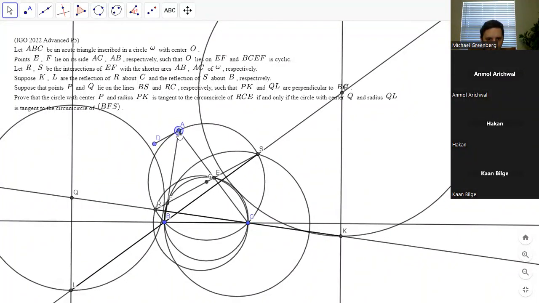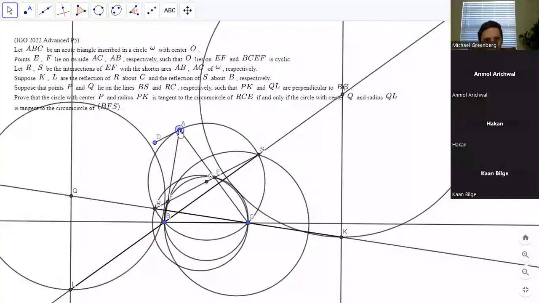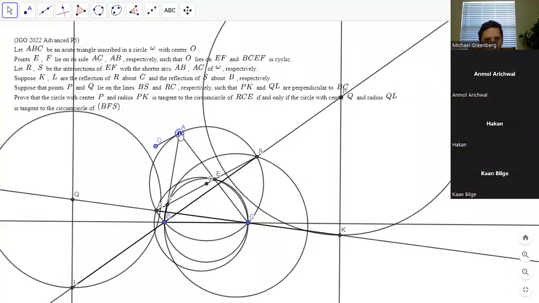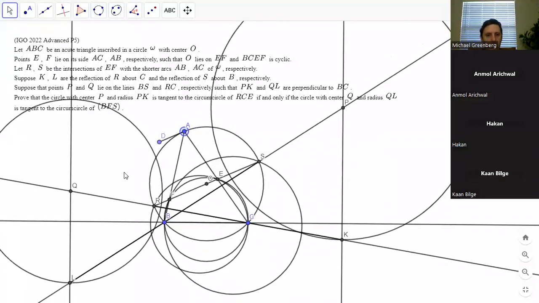And the better my diagram is, the more it almost doesn't look true. Oh, BF. Yeah, that's weird. Wait.